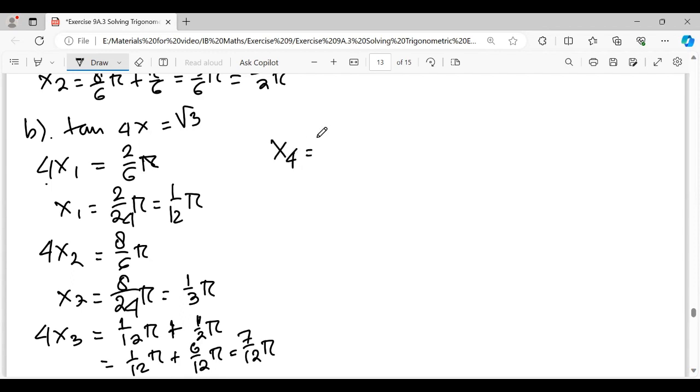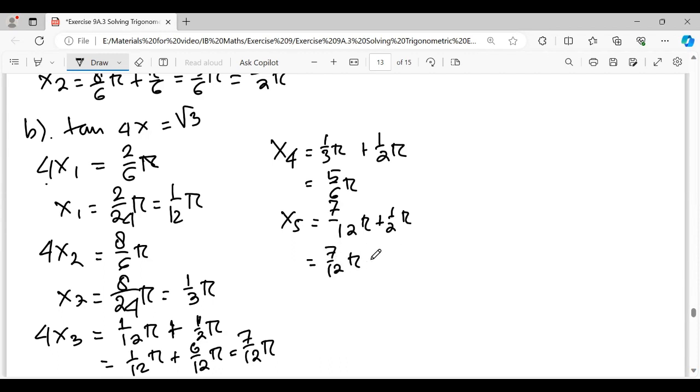X4, 1/3 pi plus half pi equals 5/6 pi. X5, 7 over 12 pi plus half pi, 7 over 12 pi plus 6/12 pi. It's going to be 13/12 pi.